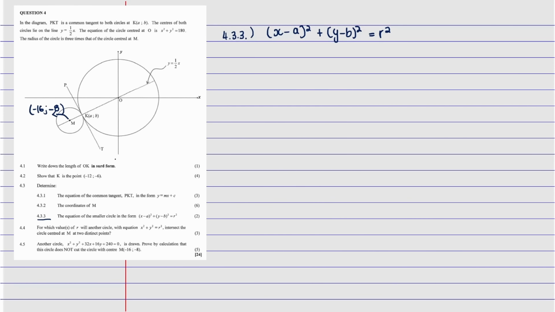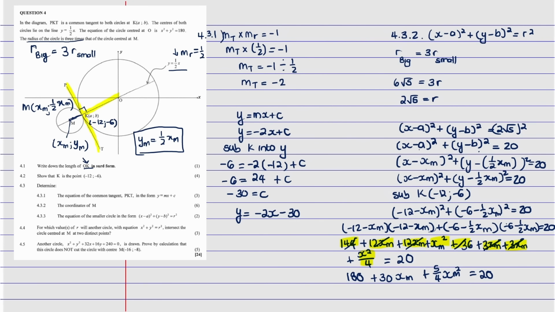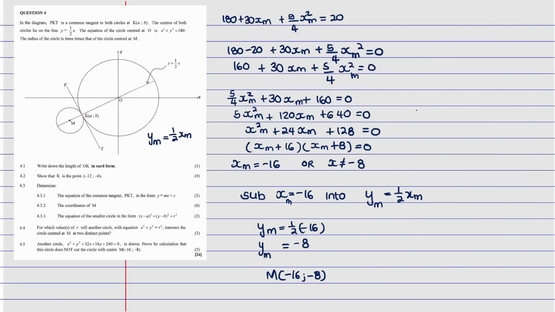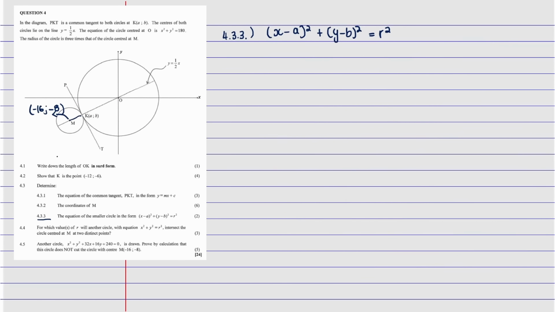And again, remember the fact that we know this radius, we've calculated it. We know that r equals 2 root 5. So I know that r of the small circle is 2 root 5, and a and b, I have them. Since it's negative 16, it's going to be positive.